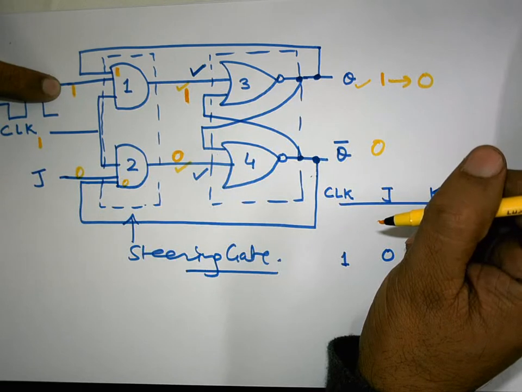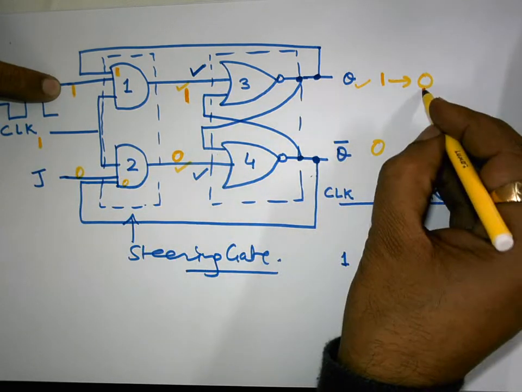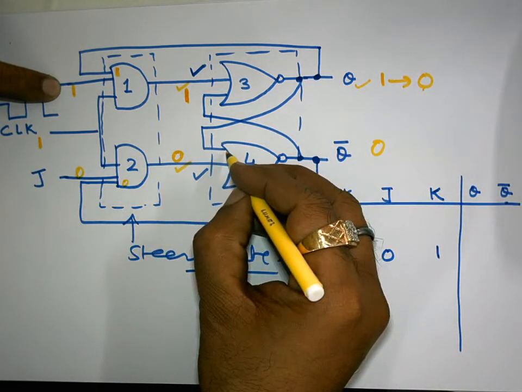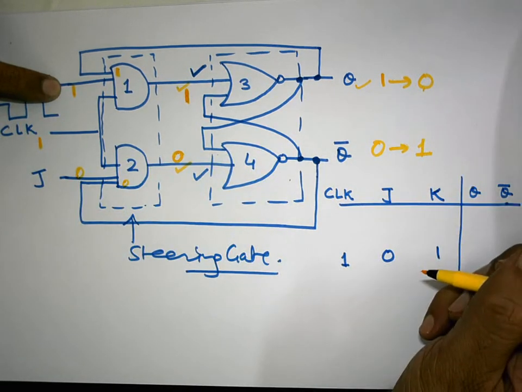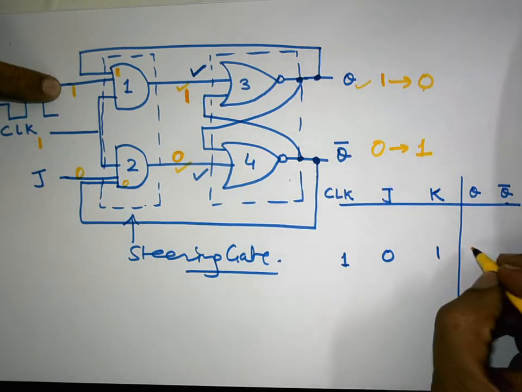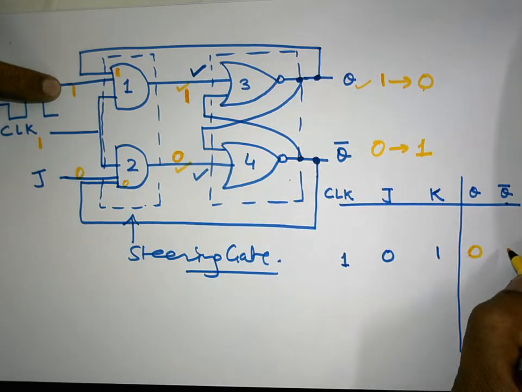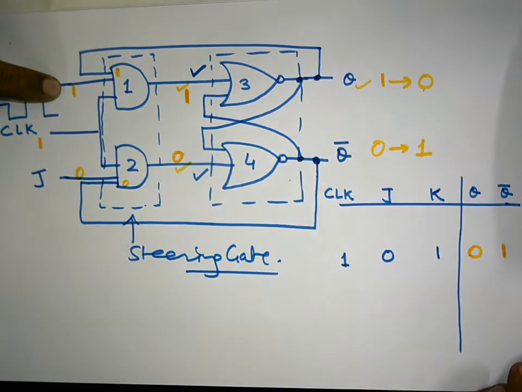Getting my point? And this changed 0 is now coming over here and it is making it 1. Getting my point? So Q becomes 0 and Q bar becomes 1. Am I right? Any doubt? Okay.